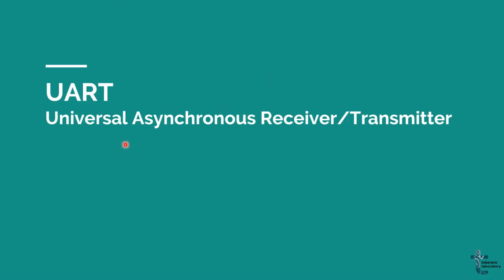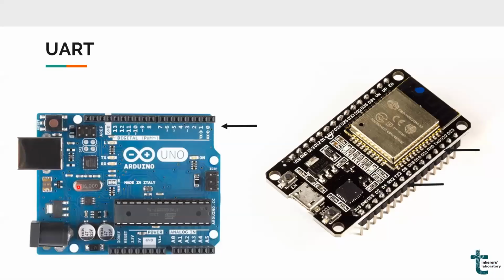So this is an individual IC, or a circuit board integrated into the circuit itself. So these TX RX pins you guys asked about are part of UART. Most of the transmission and receiving is done by these pins.